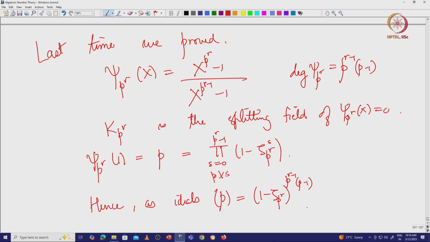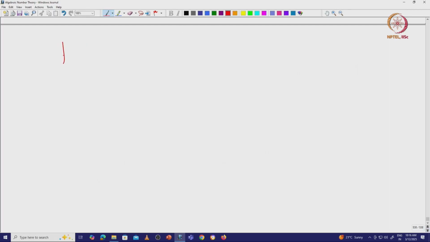So, this thing gave us that the degree of K p to the r is less than or equal to p to the r minus 1 into p minus 1, and this thing gives us that the degree of K p to the r over Q is greater than or equal to p to the r minus 1 into p minus 1. So, combining this together we get the following. Hence, so this is where we stopped.